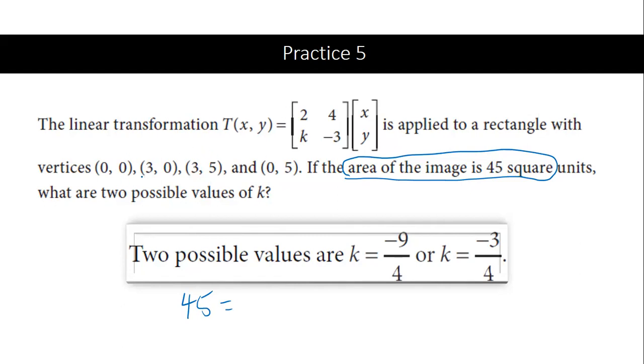If I draw a sketch, let's say I'm at 0, 0, I go over to 3, 0. Then I go up to 3, 5. And I go over to 0, 5. What is the area of this rectangle?